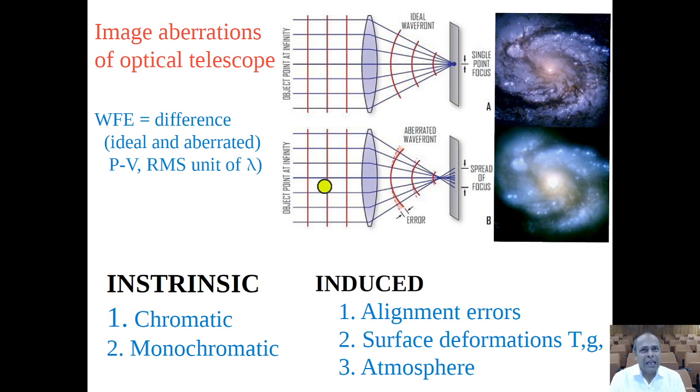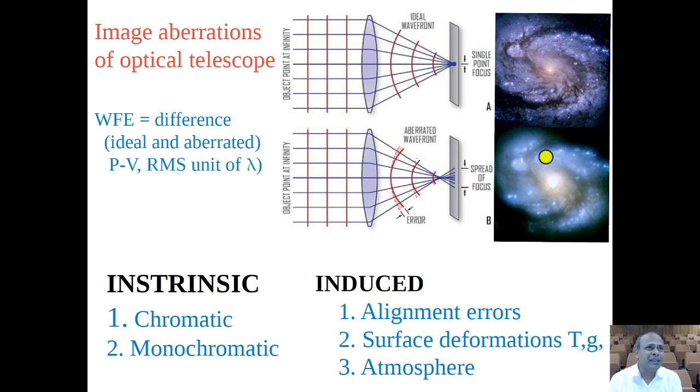But if there are some degradation factors, which could be due to the optics we are using, or due to the atmosphere, or any other reason, then our wavefront gets aberrated. The deviation from the ideal wavefront we refer to as error. This reflects in a spread of focus at the focal plane.